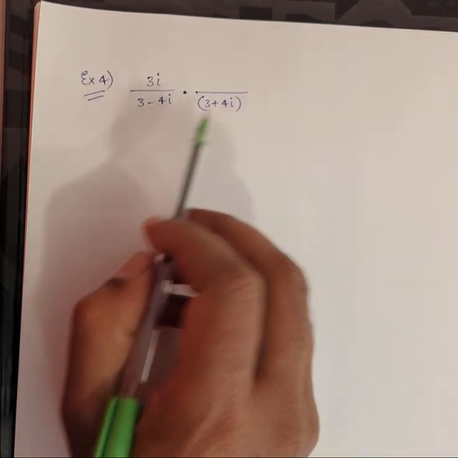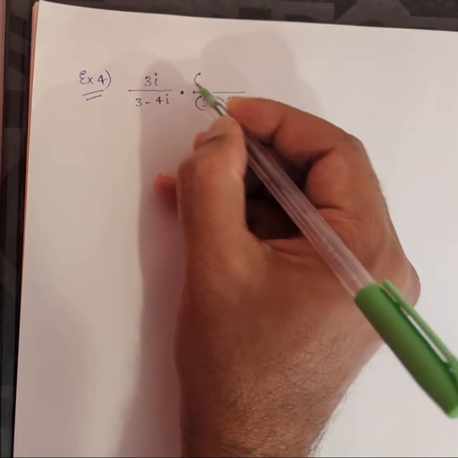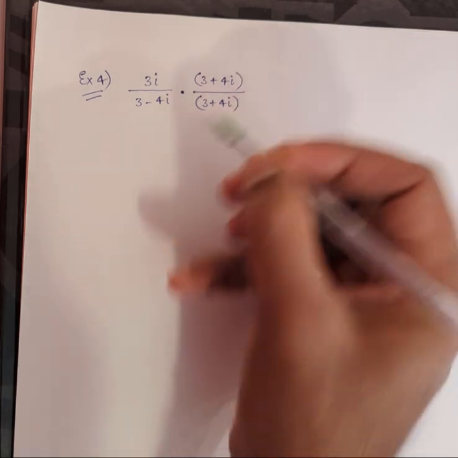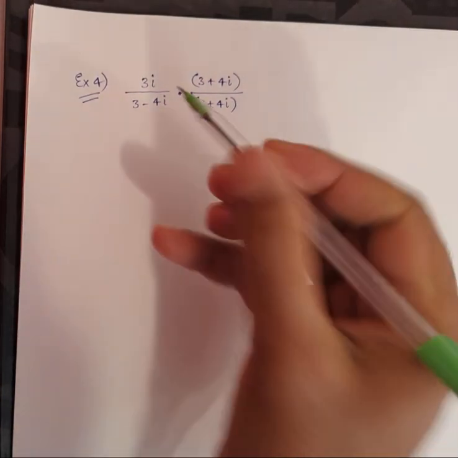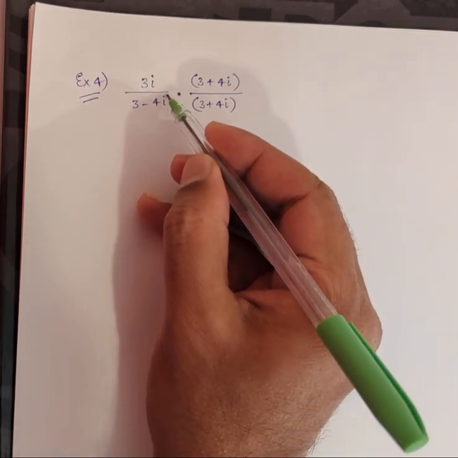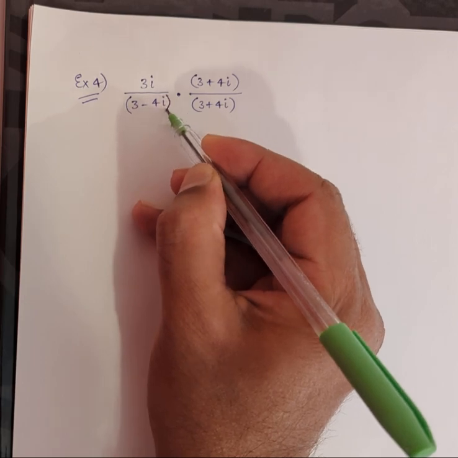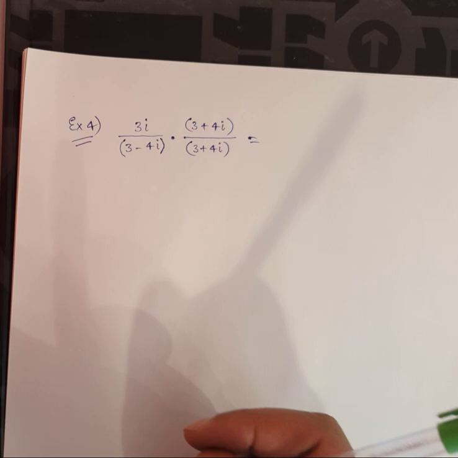Because that's the conjugate. Now, I can't just multiply the denominator, I've got to multiply the numerator as well. That way, I'm not changing the value of the fraction. And since this is a binomial, let me put this in parentheses so I don't get lost.